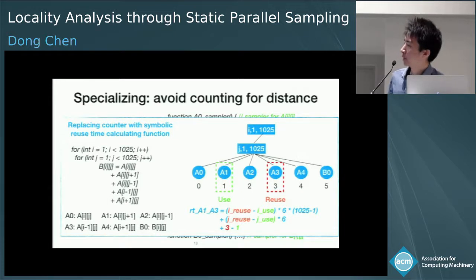The idea is that we first assume use and reuse are happening at the use position, so A1 here. So the first two terms calculate the number of memory accesses in between, and then we calculate the difference here, which is 3 minus 1. We have an algorithm that can calculate this expression for arbitrary tree structure, which means arbitrary loop structure. I will not go through it here because of the time limitation.